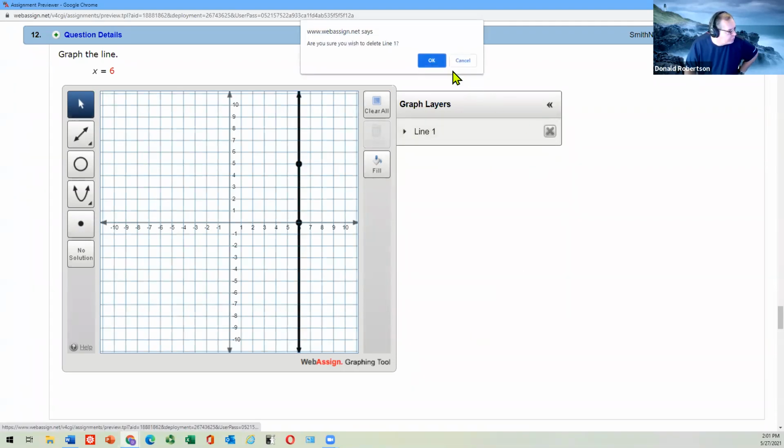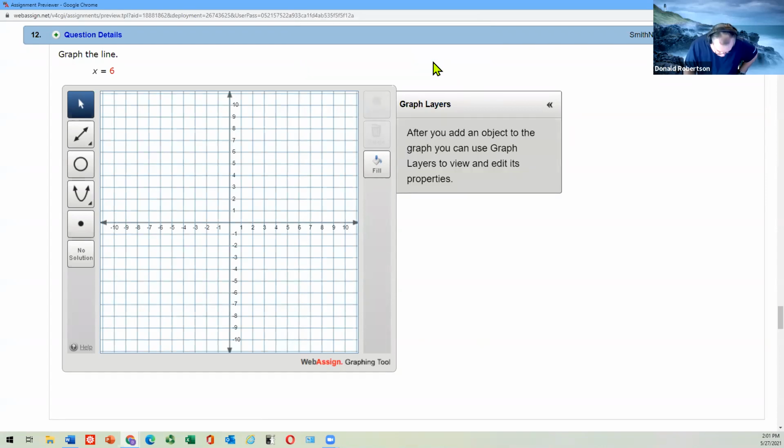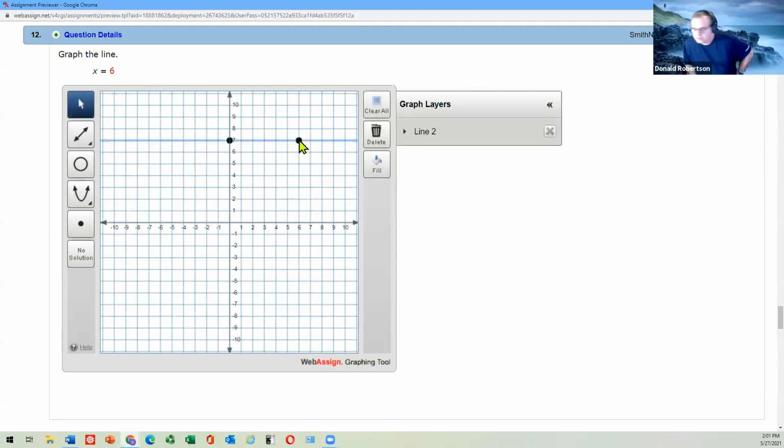Suppose I wanted to do a y equals 7 kind of question. Well, y equals 7 would be things like (0, 7), and maybe, I don't know, (6, 7). You see, it's a horizontal line. Just make sure the two points are at the same height.